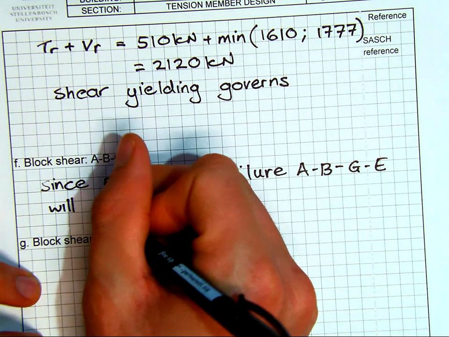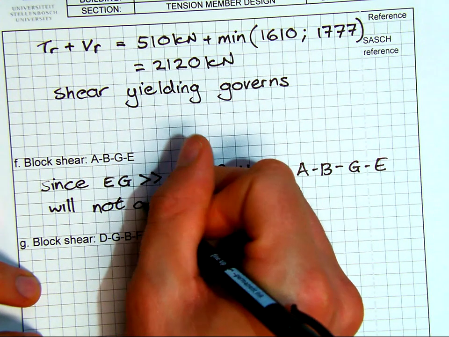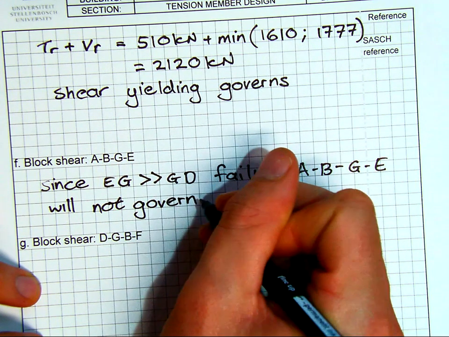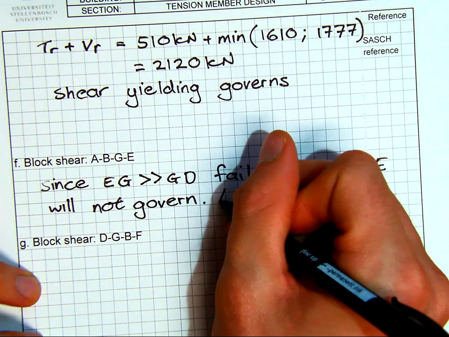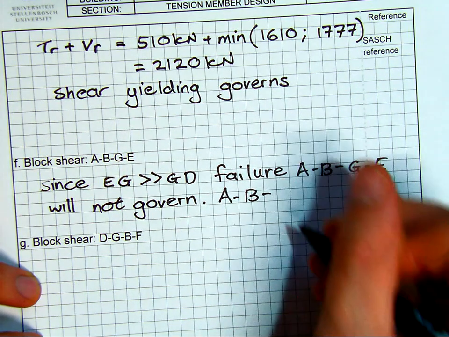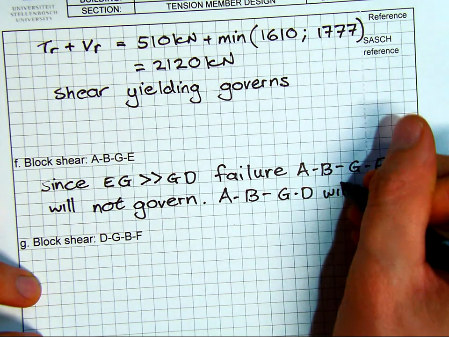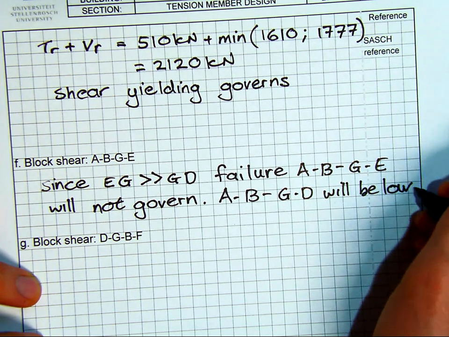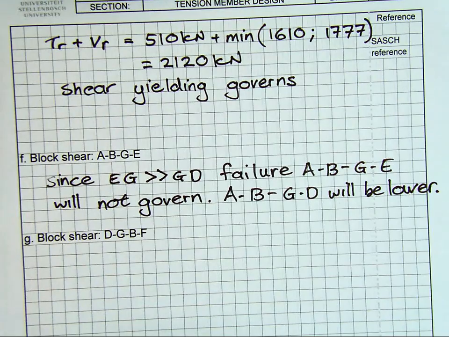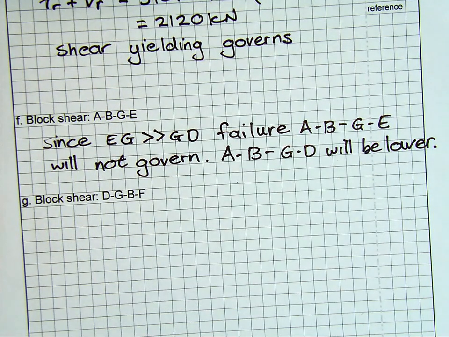Will not govern. And the failure plane we looked at will be lower. So by inspection, we can see that since there's such a large area and such a difference, that we're not even going to bother pursuing that one further.